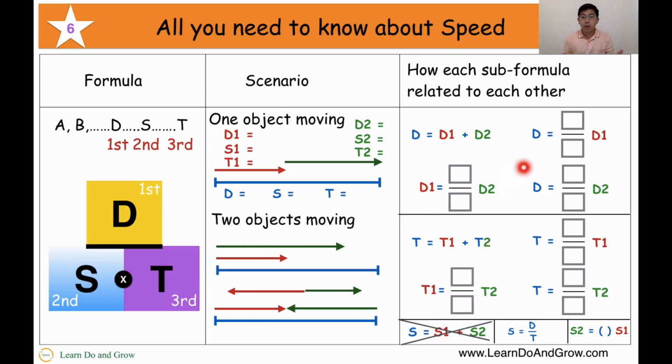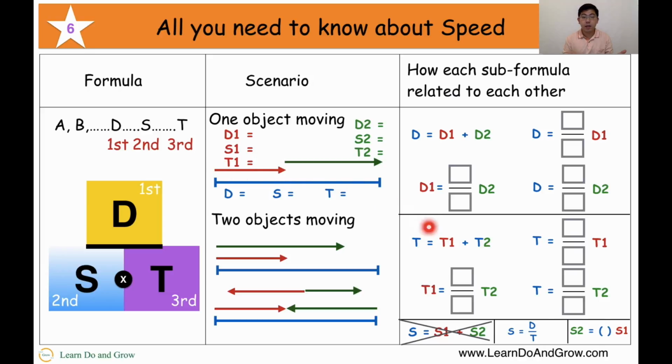And look over here, D can be some fraction of D1 or some fraction of D2, or D1 is some fraction of D2. T1 is also the same thing. T1 plus T2 equals T, the timing. And where is T1?